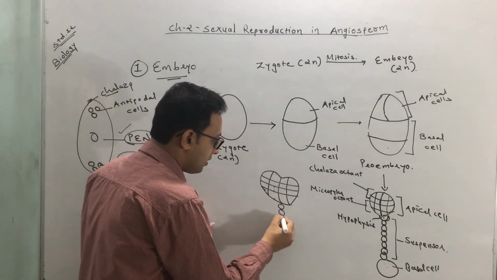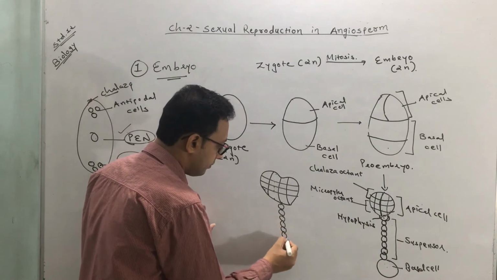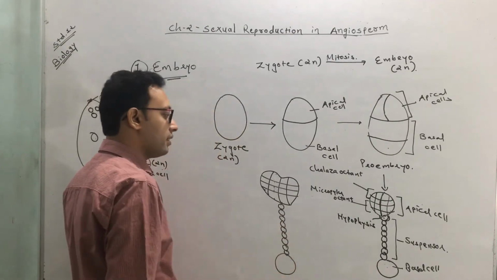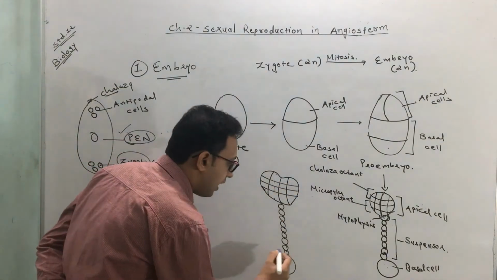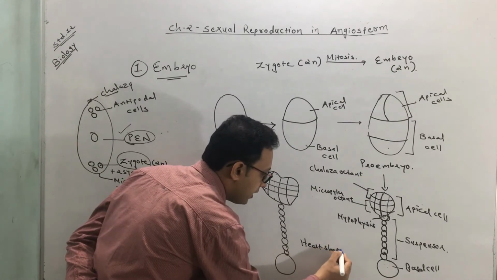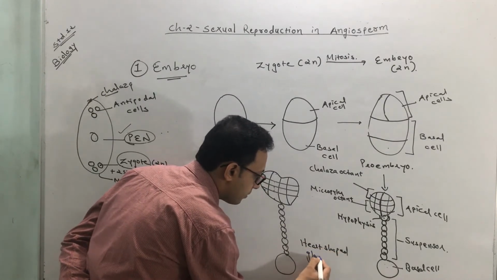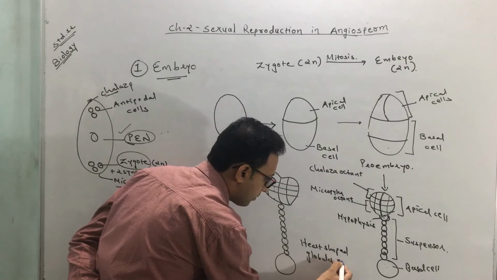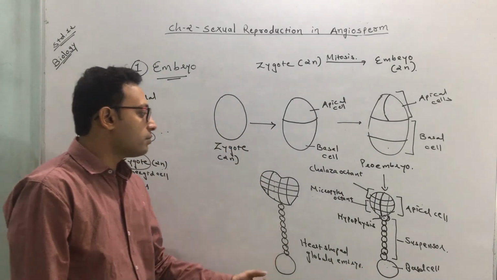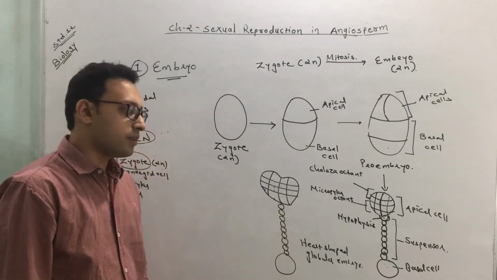This is a suspensor, and this is a big basal cell which has not divided. So there is a formation of a heart-shaped globular embryo. Okay, what is formed? It forms a heart-shaped globular embryo.